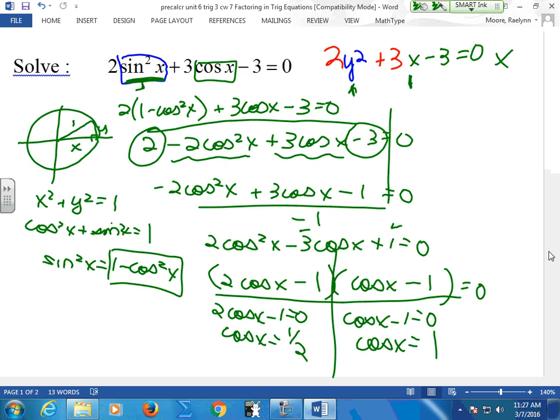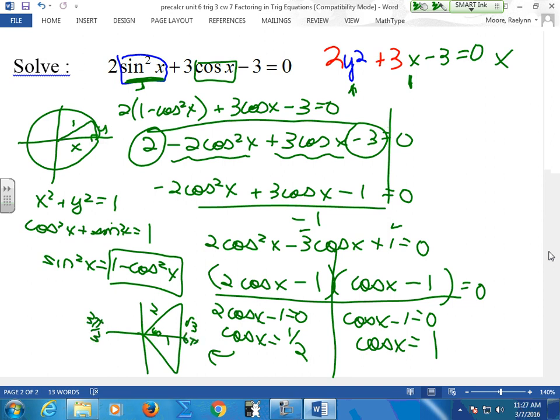So let's work on this one. Where do I find cosine positive? Cosine is my x value. 1 and 4. Good. So cosine is x over r. This is radical 3. What's my reference angle? Who's opposite the radical 3? 60. Good.